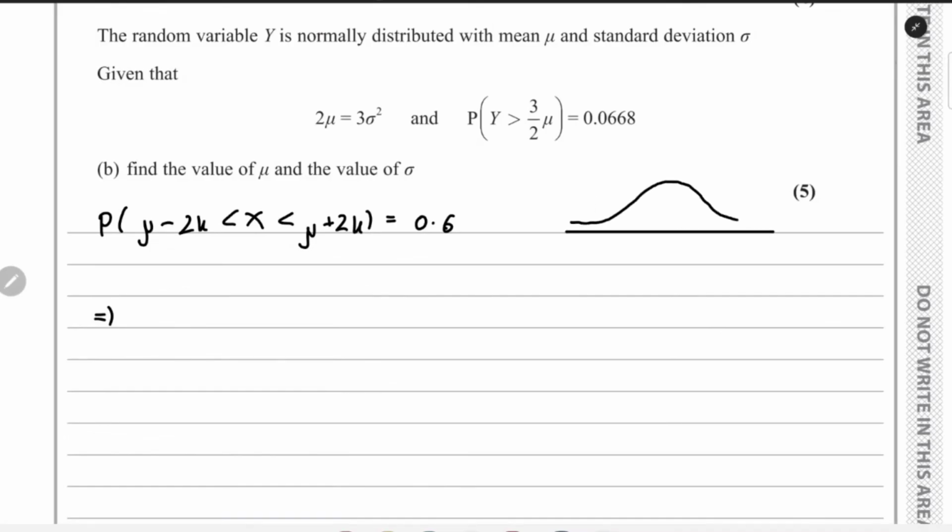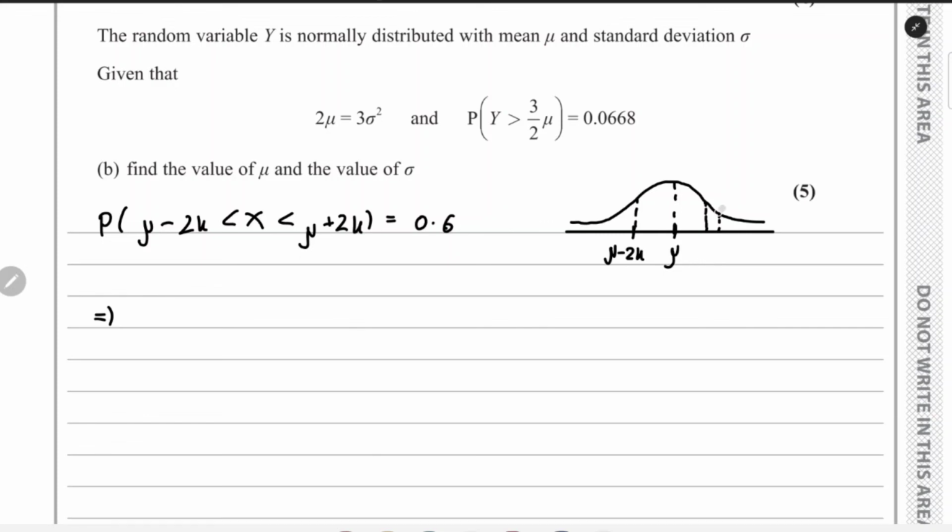If we visualize this as a normal graph, this is the mean, this is the mean plus something, this is the mean minus the same thing. So this thing over here would be symmetric. My drawing doesn't look quite like that.